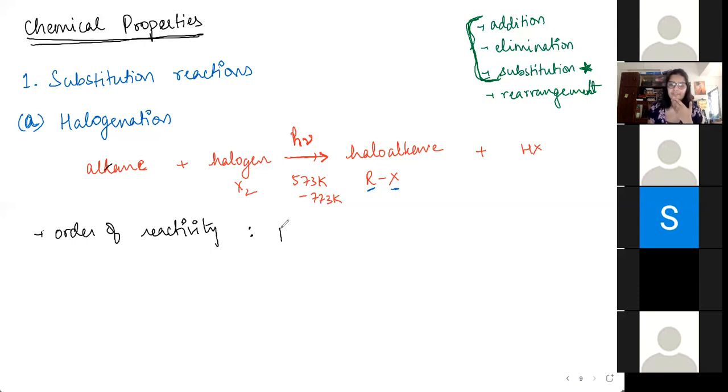Fluorine, yes. So fluorine will be the most reactive. After that, chlorine, then bromine, then iodine. Within halogens, this is the order of reactivity for this particular reaction. And then the order of the rate of replacement of hydrogen.